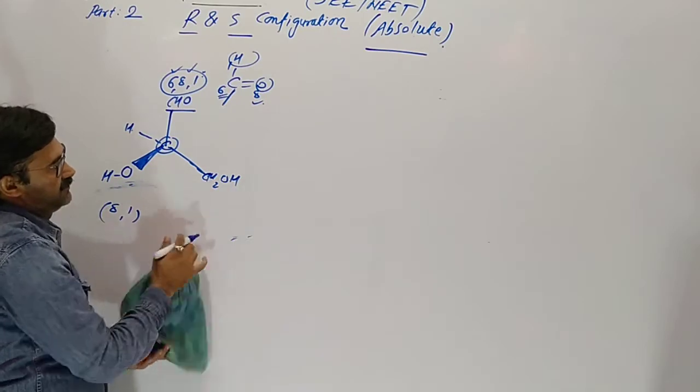What about this CH2OH? Here is CH2OH, so 6-1-1-8-1.